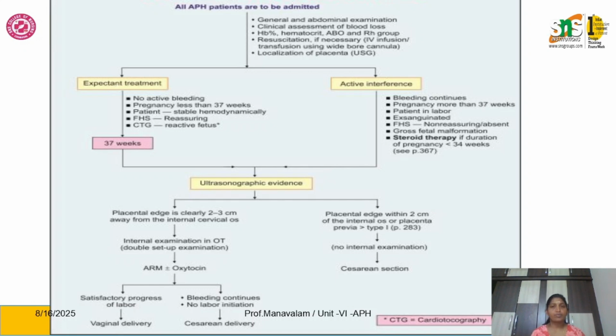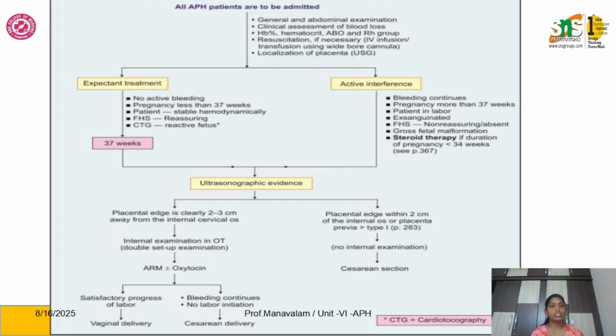There are two different ways we can treat the mother: the first one is expectant treatment and the other is active interference. If the mother doesn't have any symptoms or complicating factors, we can wait until 37 weeks of gestation, then deliver either normally or by cesarean section.